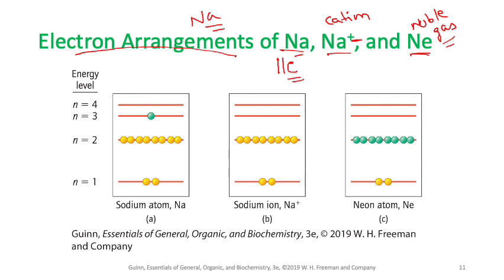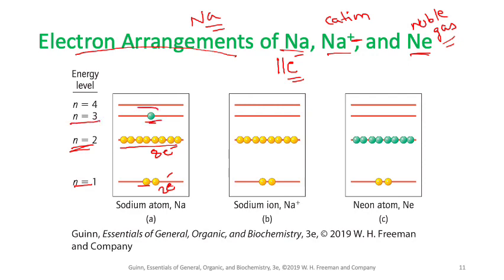right? And then see how these electrons are arranged within the atom. So the first energy level will take 2, and then the second energy level will take 8 electrons. This is 2 electrons. How many are left? Just 1. So the last electron will go to energy level 3.